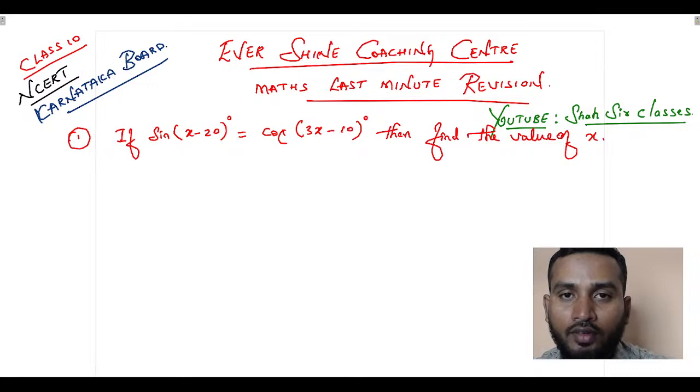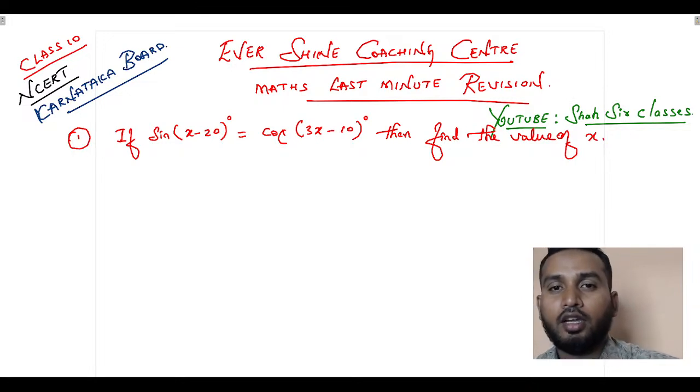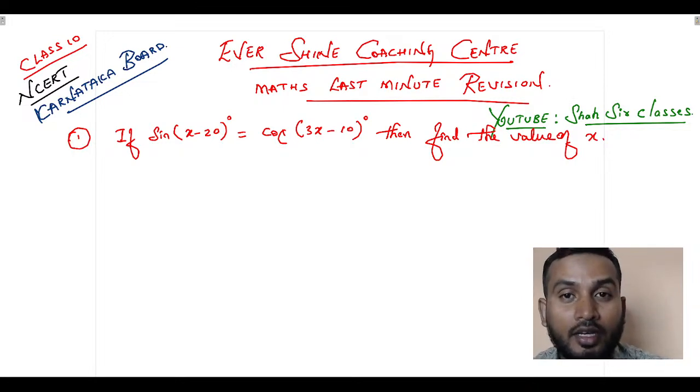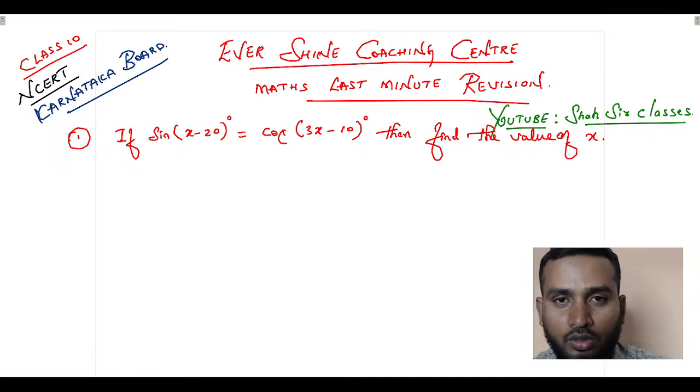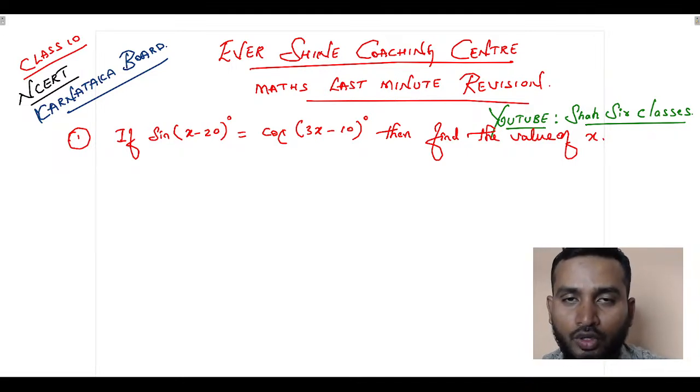Here I have already given the passing packet, so I am not solving the problems related to elimination method, formula method, and finding the discriminant, nature of the roots. Those are the simple sums. Already I have given the questions also in my last session. You can just go through those questions and solve each and every question out of it. If you find any doubts, kindly type the question in the comment section.